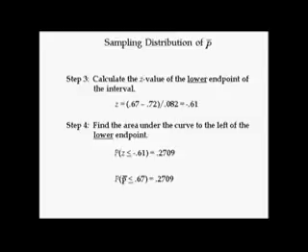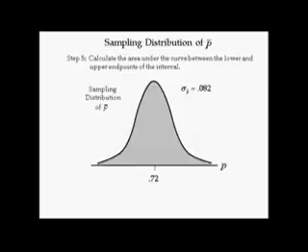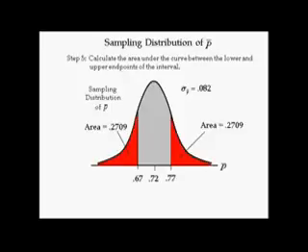Because 0.67 is 0.61 standard deviations below the population proportion, the probability the sample proportion is less than 0.67 is equal to 0.2709. Because the probability that the sample proportion is less than 0.67 is equal to 0.2709, and the probability that the sample proportion is greater than 0.77 is 0.2709, the probability the sample proportion is not between 0.67 and 0.77 is equal to 0.5418.